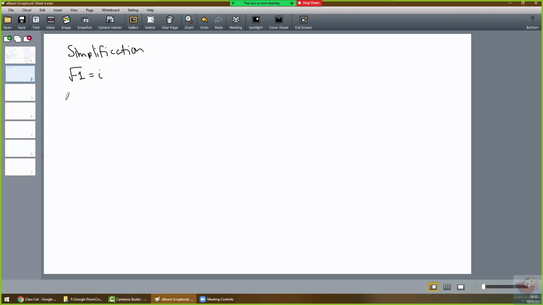So under this definition, the square root of -5 could be written as the square root of 5 times the square root of -1. Square root of 5 does not clean up, it just stays square root of 5. But the square root of -1 is i. So we can say that as square root of 5i.